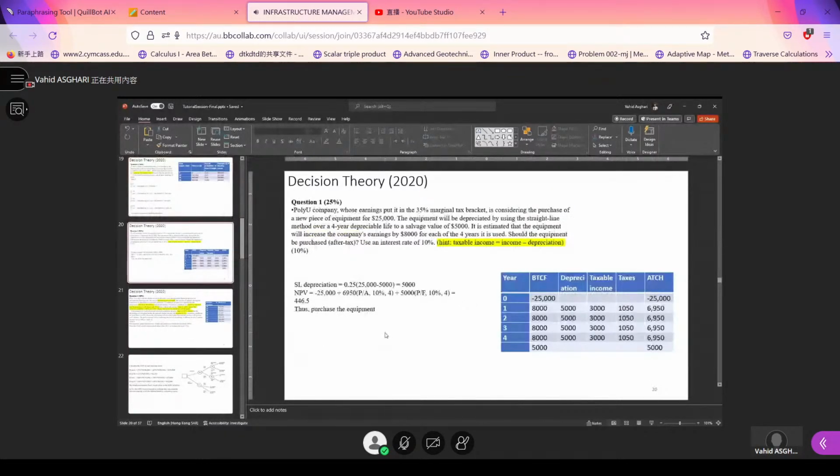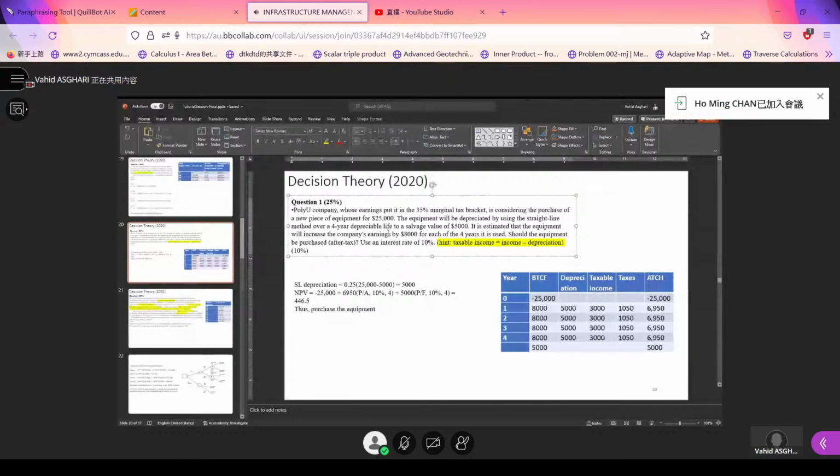Another one. A company whose earning, yeah, okay. I don't know how to read this question. Maybe I copied it in a bad way, but anyway, PolyU has earning and is in the 35% marginal tax bracket. It's considering the purchase of a new piece of equipment for 25K.